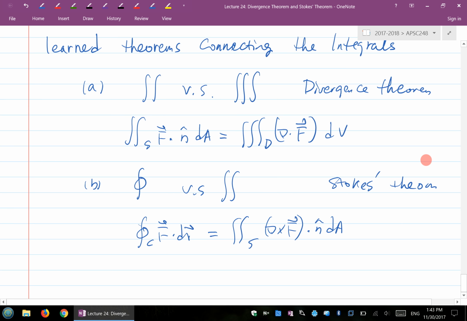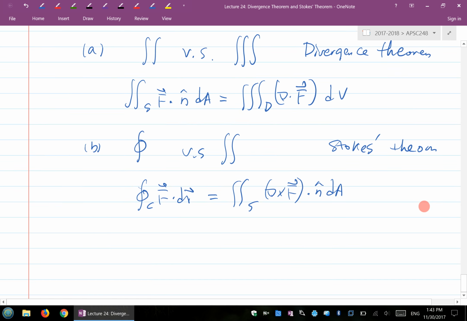What's the other theorem that we learned? The Green theorem. And what's the constraint for the Green theorem? It deals with the situation in which plane? The XY plane. As a matter of fact, the Green theorem is a special case of the Stokes theorem.